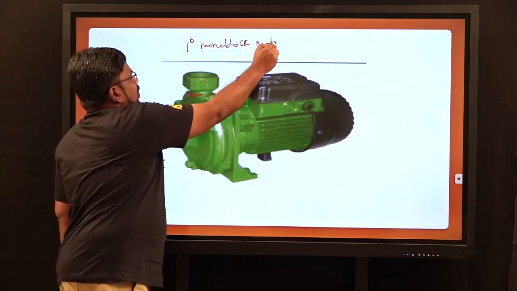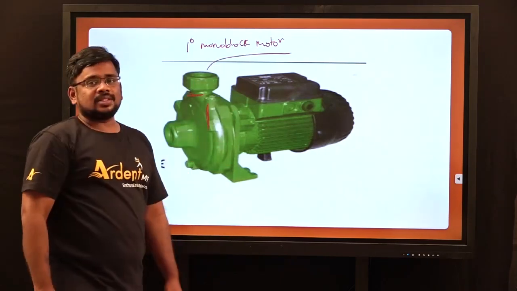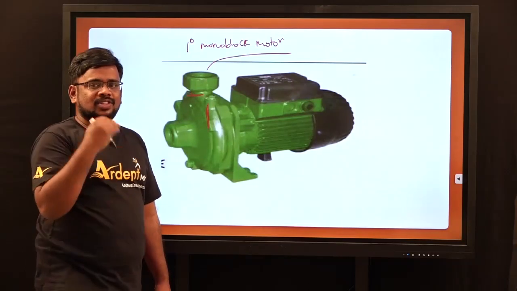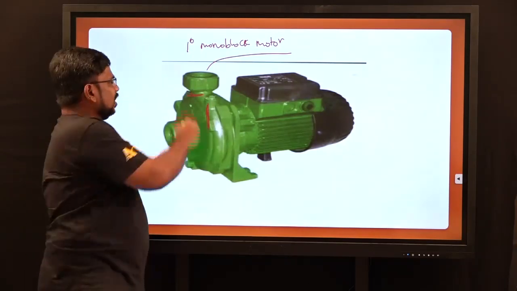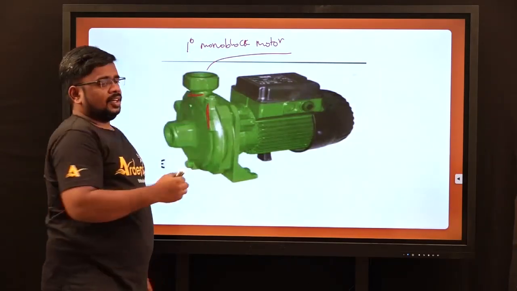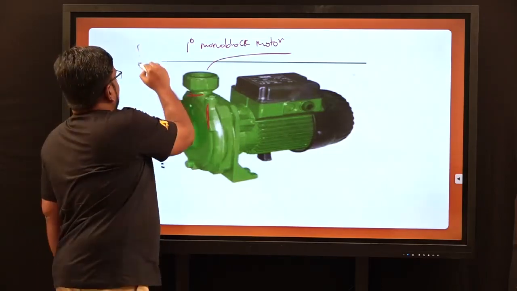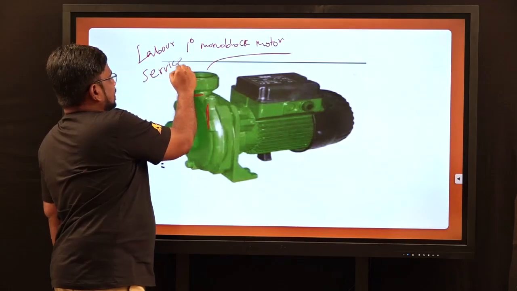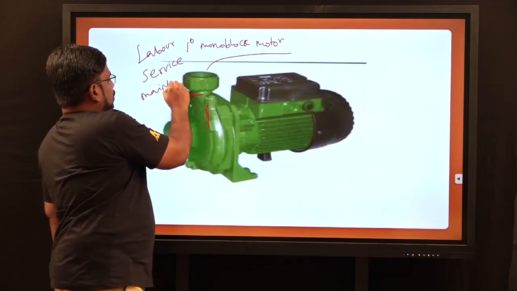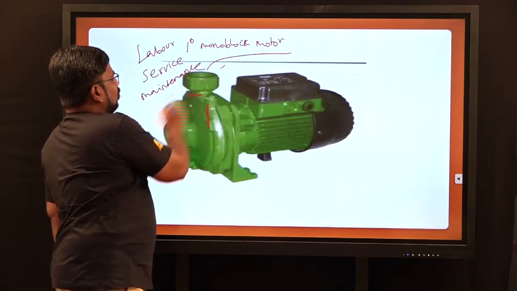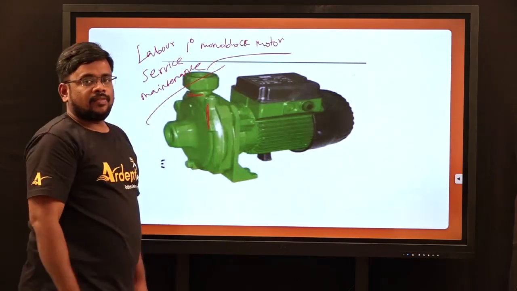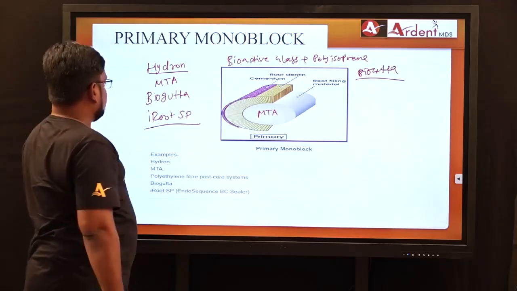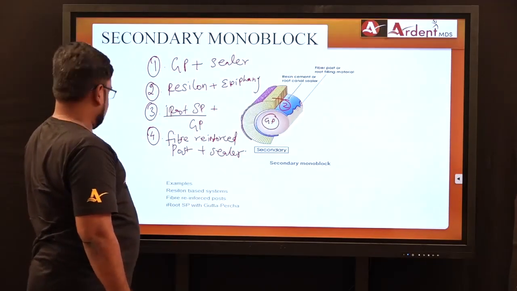They gave this concept in agriculture because the primary monoblock mortar decreases the labor or the service maintenance of the mortar. So this is the advantage for farmers in agriculture. The same concept was introduced in the primary monoblock concept also.